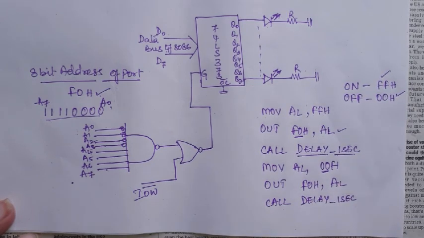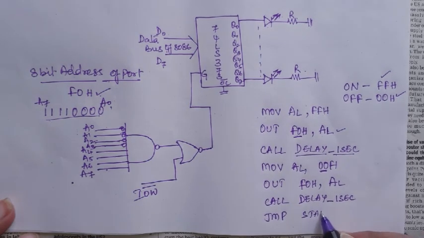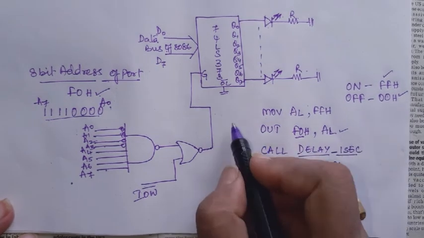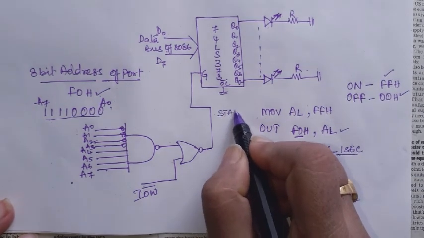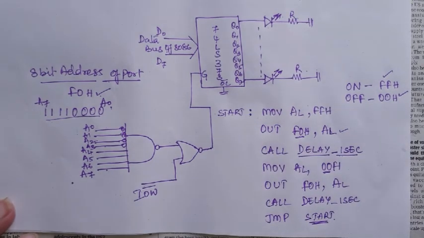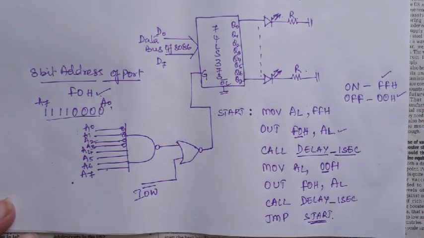Put this in a loop, you can say jump to start, this is the label where again FF is sent. So as this program keeps getting executed, the LEDs will be on and off with a delay of 1 second.